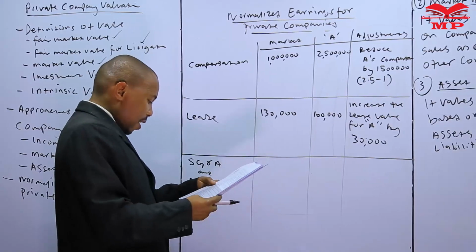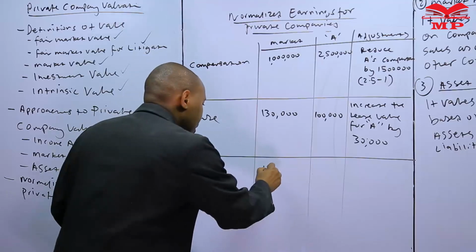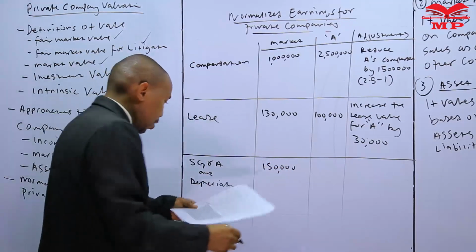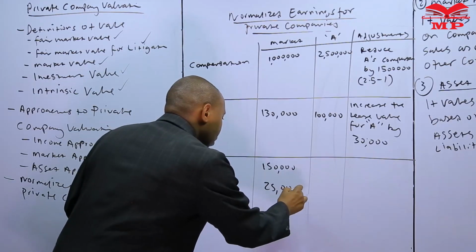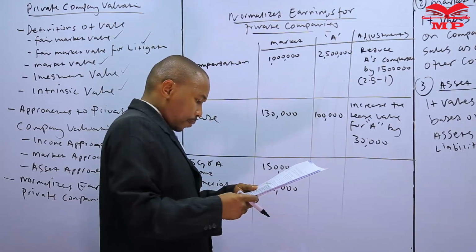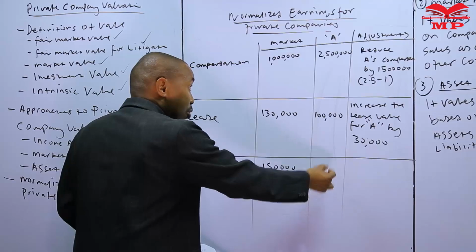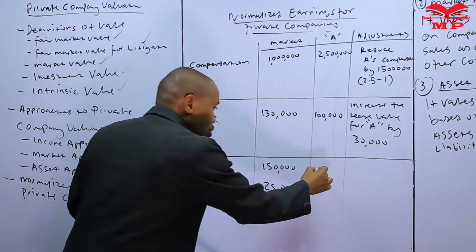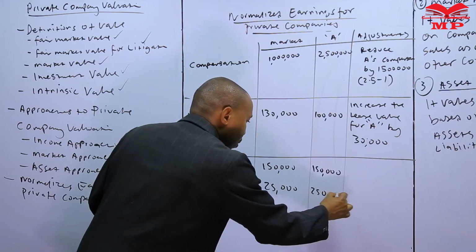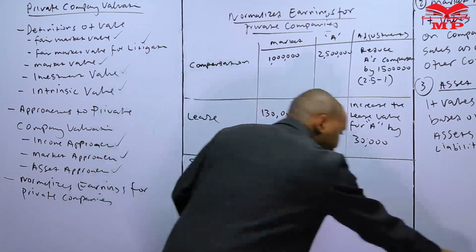The SG&A expenses are 150,000 and the depreciation is 25,000. Rather, I've not put them at the correct place, sorry about that. We are talking about A, not the market. So this should be 150,000 and here should be 25,000. Yes, we're talking about A.